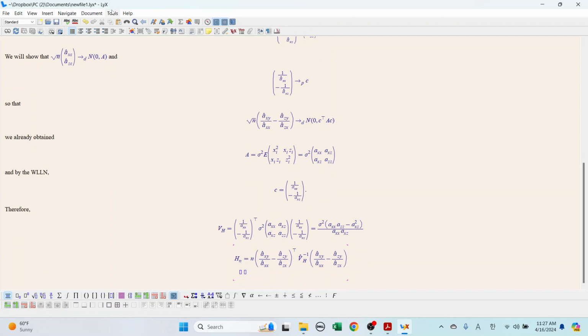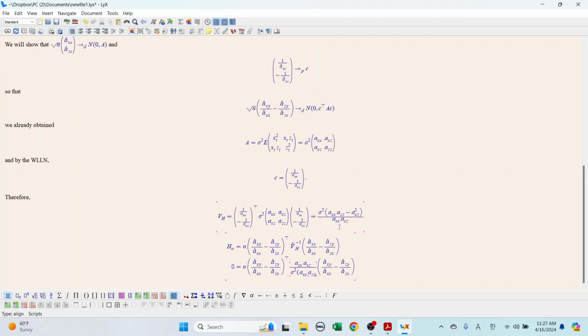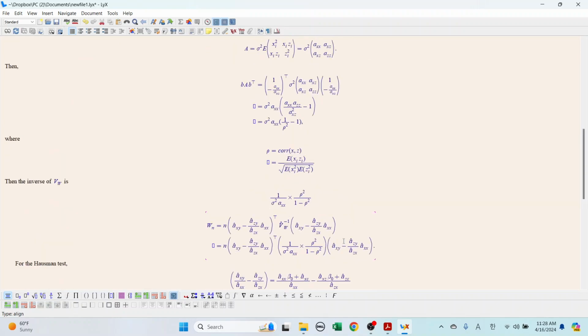In here, we are going to plug that in. Back here, AXX AXZ divided by sigma squared AXX AZZ minus AXZ squared, something like this. So you have to calculate that. So this is the Hausman test, and this is the Wald test, right?